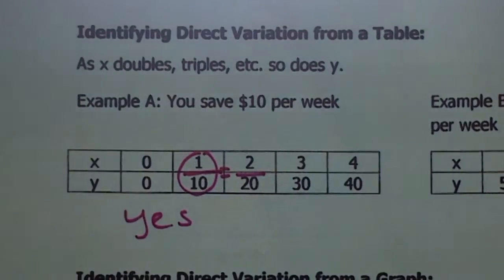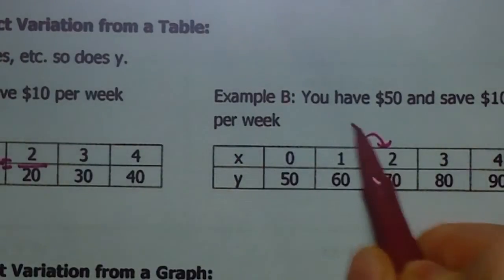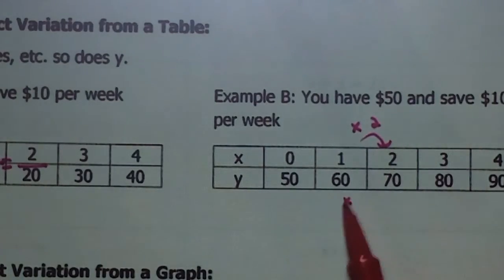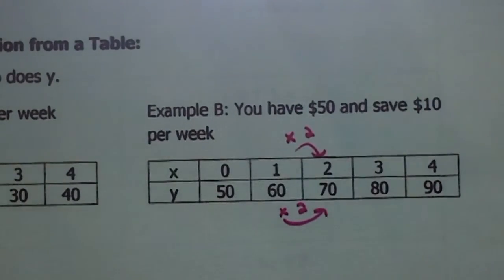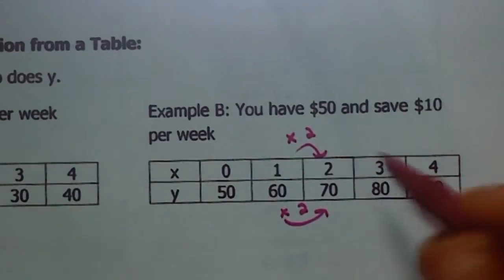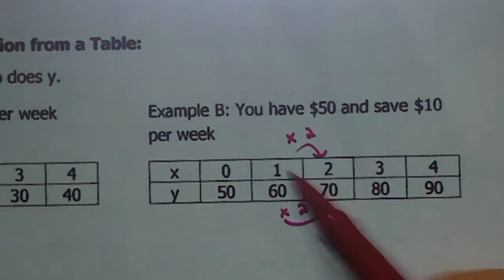All right, in this one, as I go from 1 to 2, 1 times 2 is 2. Is 60 times 2 70? No. So right there you can already see that this one doesn't work, because as x doubles, y doesn't. You could also use a cross products property. 60 times 2 is 120, but 1 times 70 isn't.